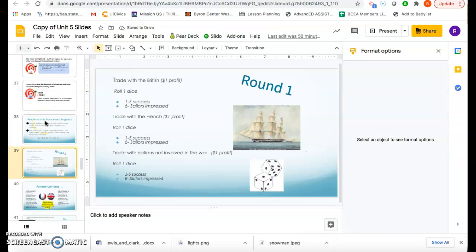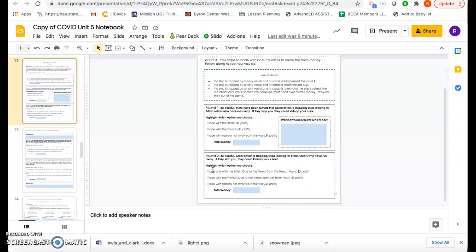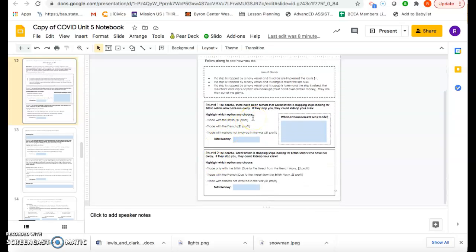With this game, this is going to be round 1. Again, look back at your notebook. Round 1, be careful. There have been rumors that Great Britain is stopping ships looking for British sailors who have run away. If they stop you, they could kidnap your crew. So you have some options here.